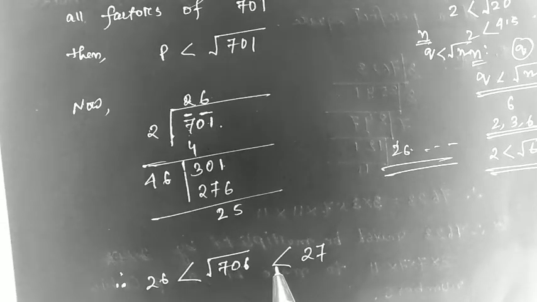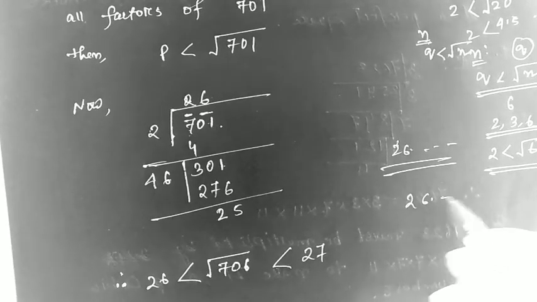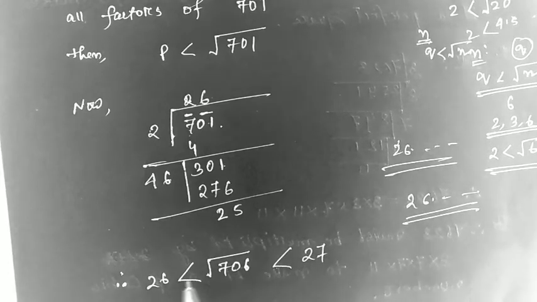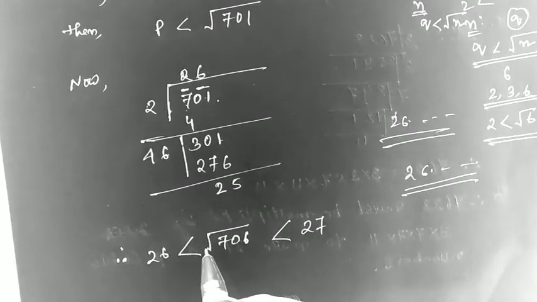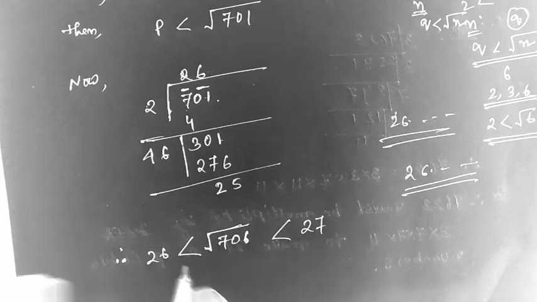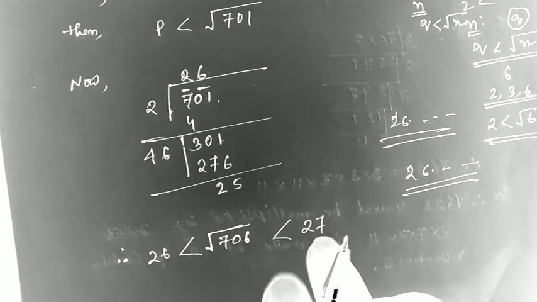So root over 701 lies between 26 and 27.